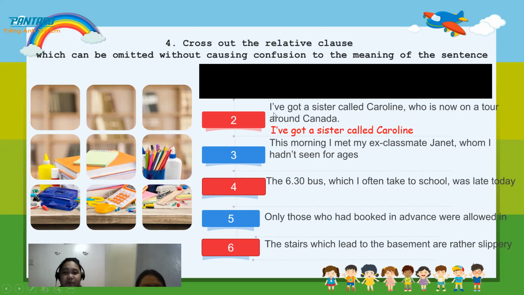Number two: I've got a sister called Caroline who is now on a tour around Canada. So we cross out who is now on a tour around Canada, and we only have I've got a sister called Caroline. So now answer number three, four, five, and six. Just try so we will know if you get it or not.